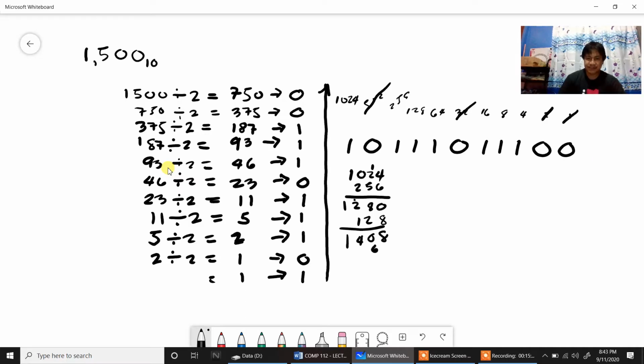Then we have 64, we have 12, carry 1, we get 7, we get 4, we get 1472. And then we have 16, get 8, we get 8 again, then 4, and 1488.